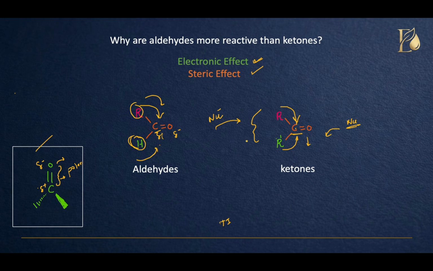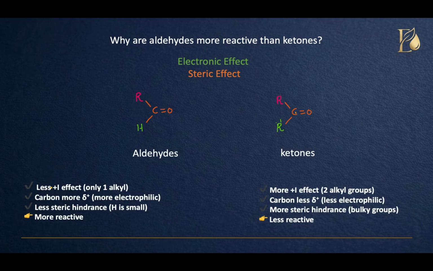So basically, what does it mean? Aldehydes have a less plus I effect because only one alkyl group is present, so the carbon is more electrophilic, and they have less steric hindrance because one side is just a hydrogen atom, so they are more reactive.